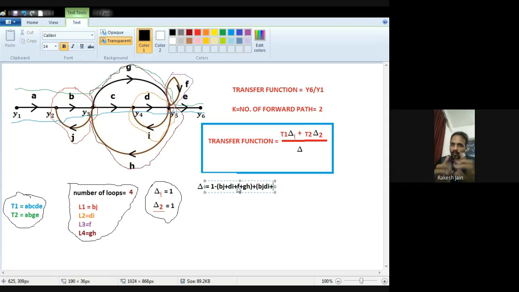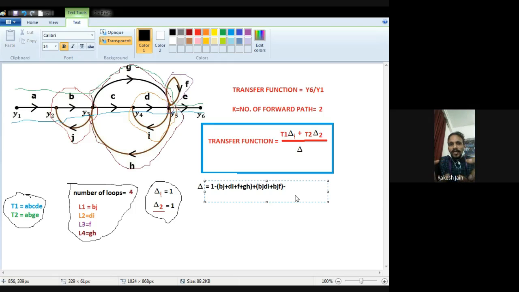So the sum of all of these: BJ plus DI plus F plus GH. Okay. 1 minus the sum of all the individual loop gains plus the sum of all the two non-touching loops.